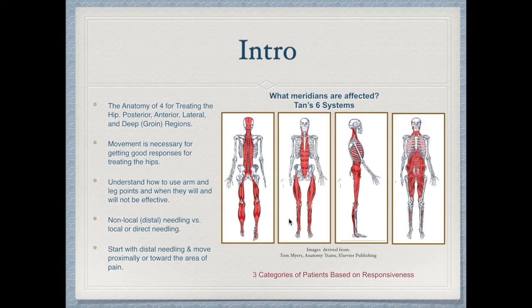And in understanding how the meridians relate to the muscles and to the functional anatomy of the hip, then we can get a better handle on how to treat it using traditional approaches or using the balance method or using Master Dong's points. I want to bring your attention to this muscle here, rectus femoris, which is a hip flexor.